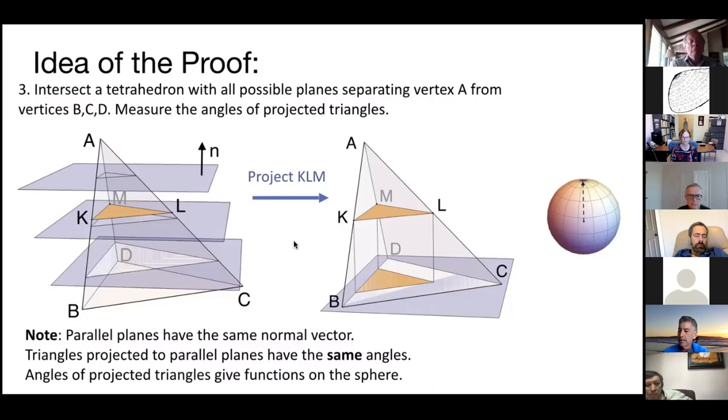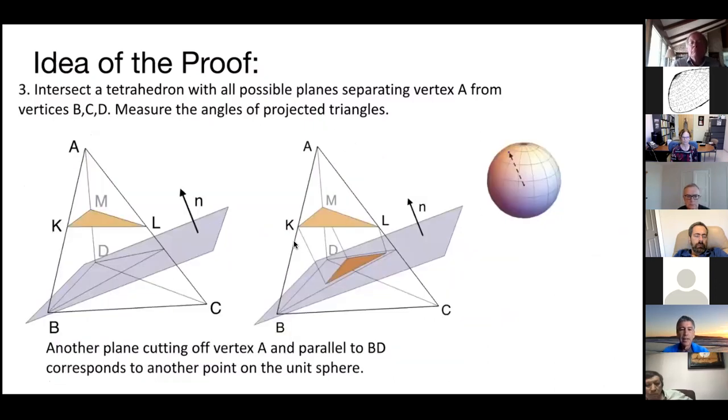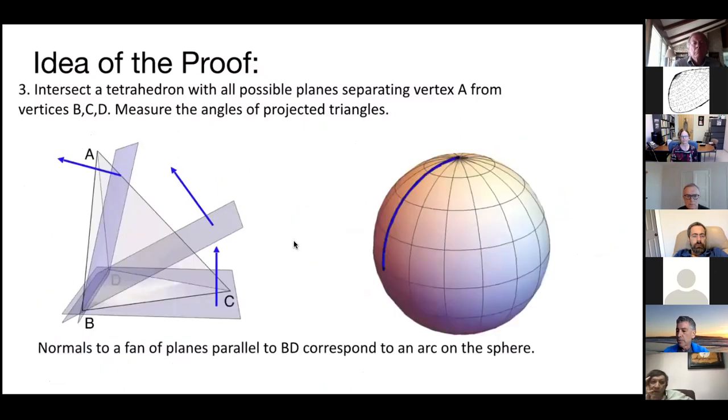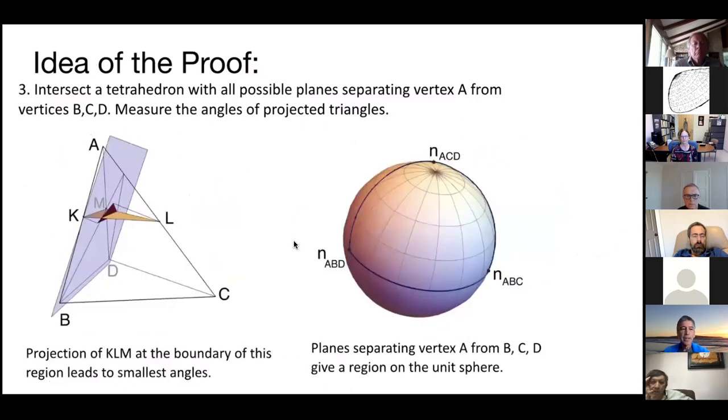And the idea, and I'm not going to give anything more than a very rough overview of this proof, is that you just have to analyze all the different ways you can project, and you'll get a collection of functions on the sphere, corresponding to different ways to project.